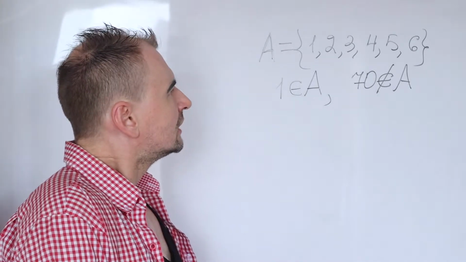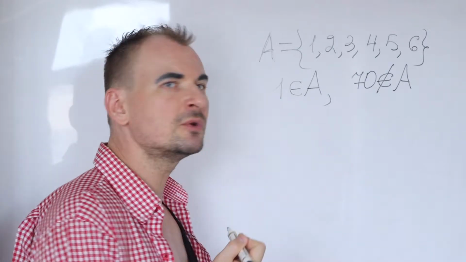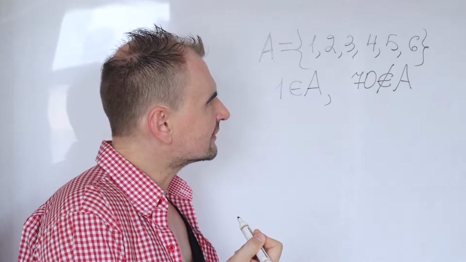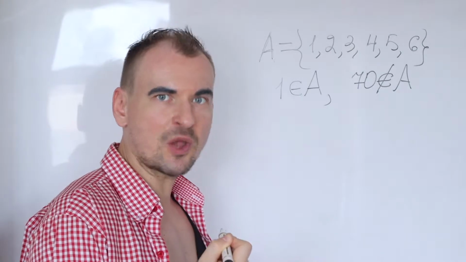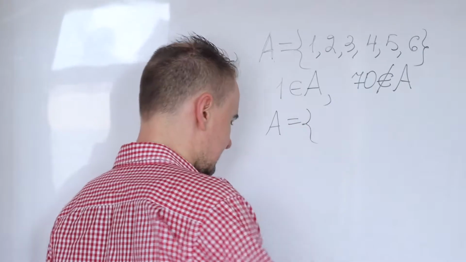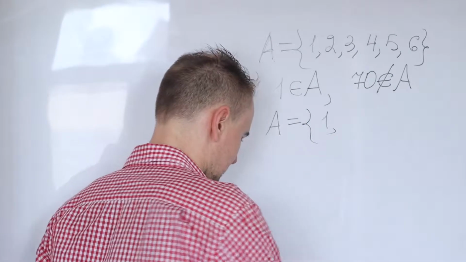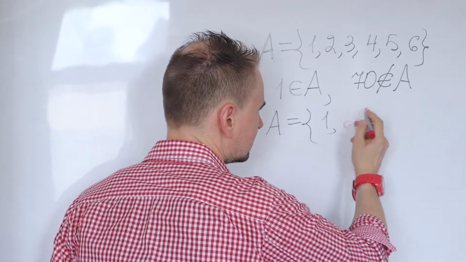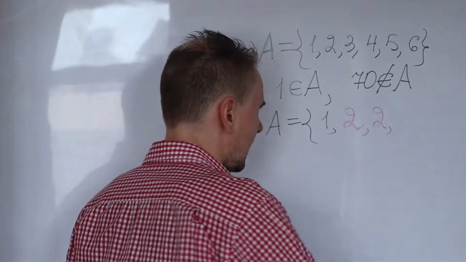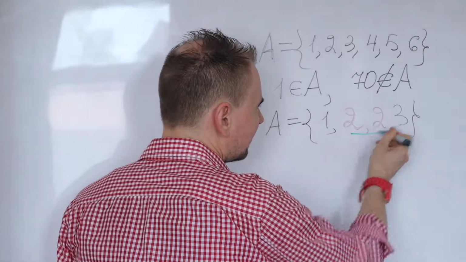Now, a little remark. Normally, usually, we do not duplicate the elements of the set. So each element has to be listed just once. So if you write something like A equals 1, 2, 2, and 3, you can see the element 2 is listed twice.